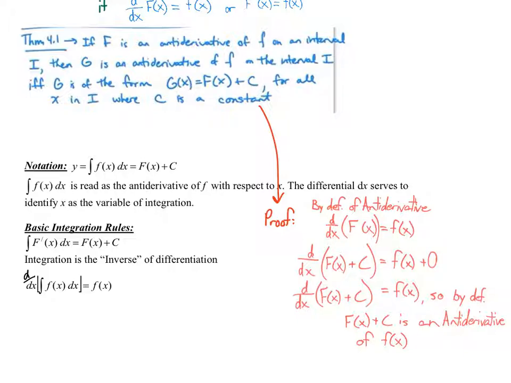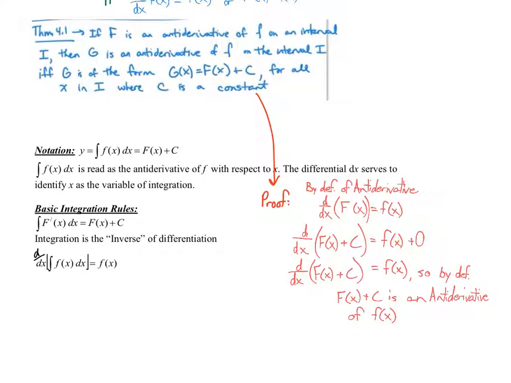Now, based on what we set up in the theorem, if g of x equals capital F of x plus c, then g of x is an antiderivative of f. I didn't quite understand the theorem.